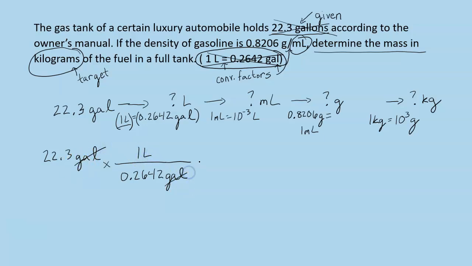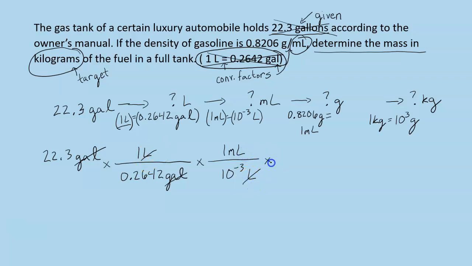Okay, gallons cancel. Moving on to that second arrow. To the left of the arrow, I've got liters, so I want to spot the liters in the conversion factor, place that underneath the fraction, 10 to the negative third liters, and that forces the other part of the equality, 1 milliliter, to go up top.